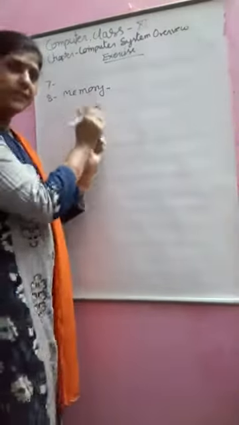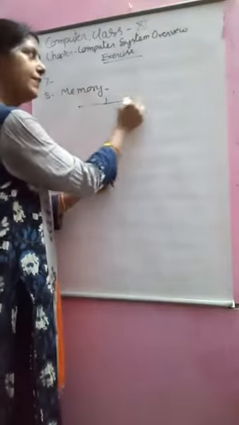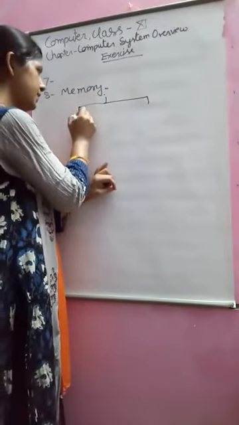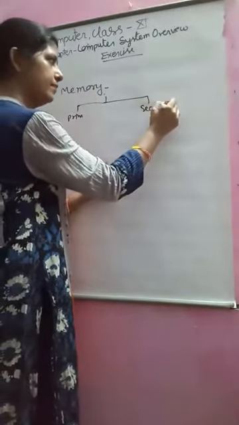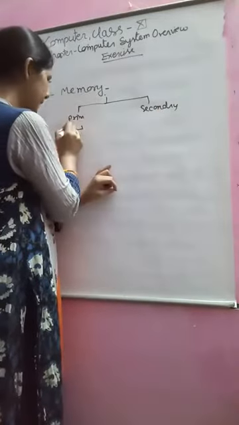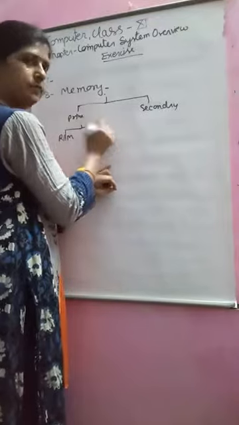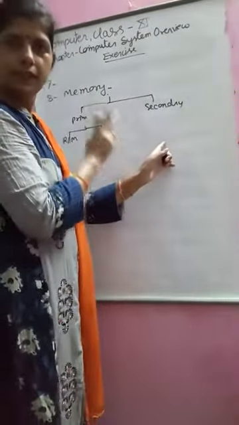So you have to answer this memory question using the figure, the complete figure. Memory, primary memory, secondary memory, and in primary, RAM and ROM. The complete one. Give the complete answer about this question.